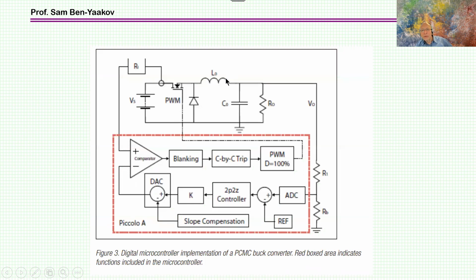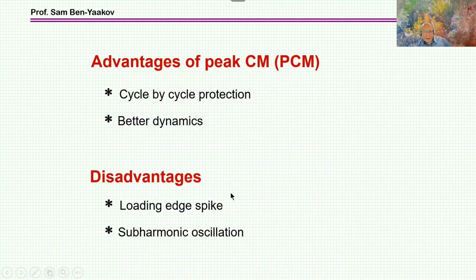Like here, suppose there is a short, the transistor is on, the current is shooting up very fast, but it is sensed here. And when this value hits this threshold, it'll turn off. So it's a built-in protection, and this is one of the reasons why we like peak current mode very much. But there are many issues.